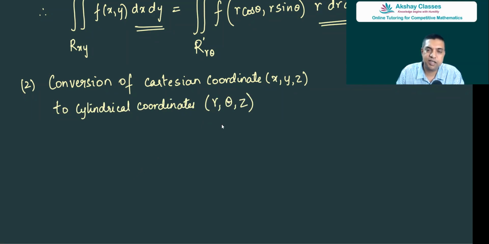So polar coordinates are in a plane when z equals 0. Okay, when that is pulled up along the z axis, it will be like a cylinder.